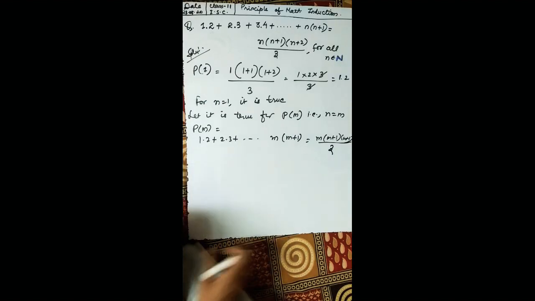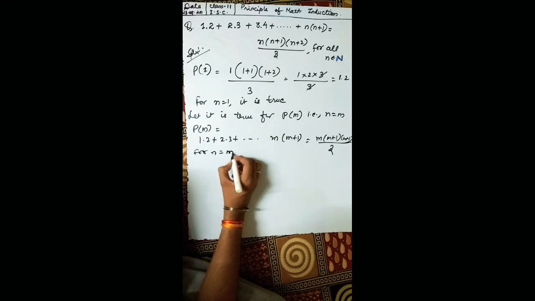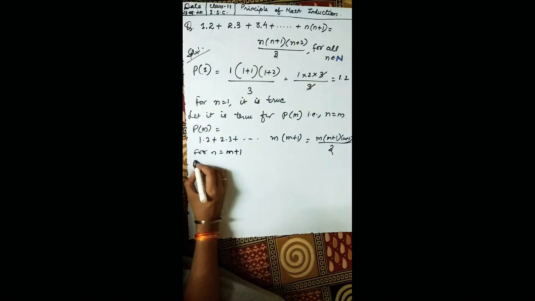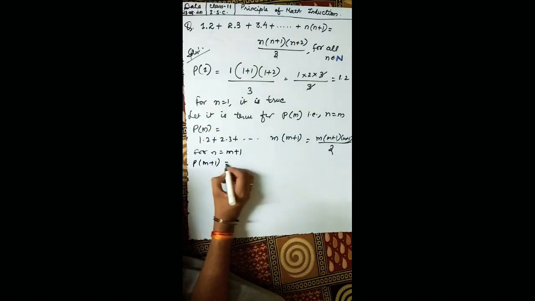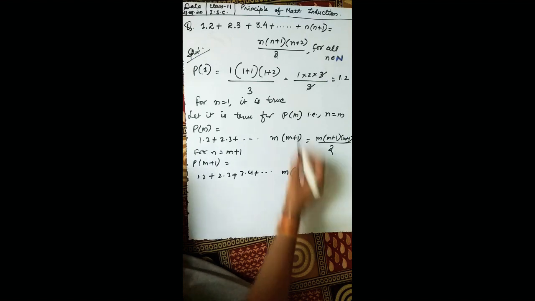Alright. Now for n equal to m plus 1, what will be the case? That is Pm plus 1: 1 into 2 plus 2 into 3 plus 3 into 4 and so on up to m.